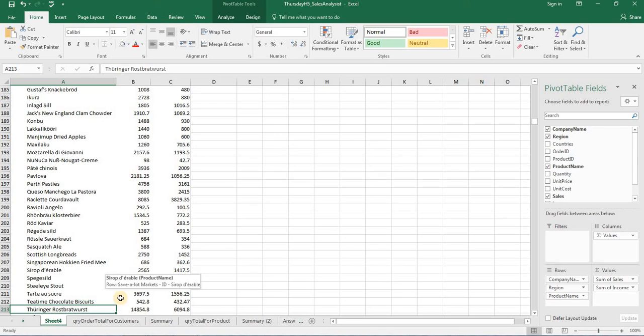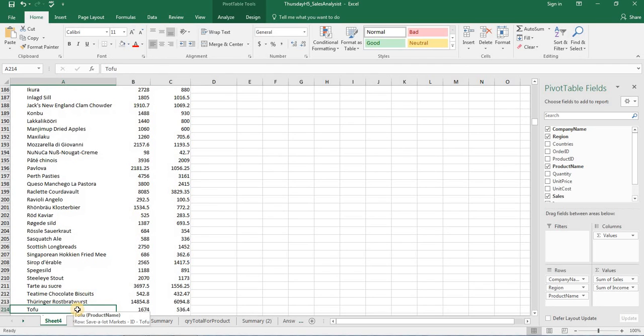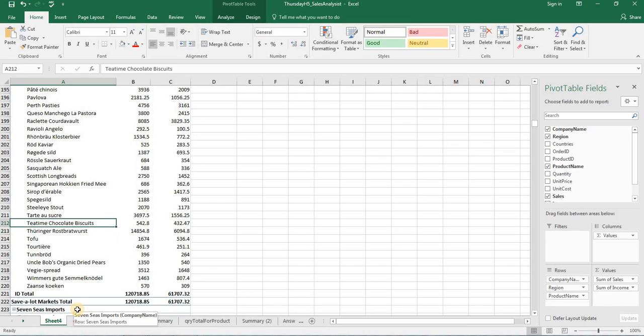So if we look at this product and we look at the sales, does it have the highest sales? Right now that's saying 14,854. If I don't see anything bigger than 14,854, then all that we're doing makes sense.